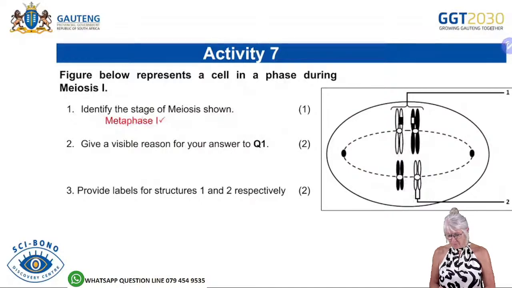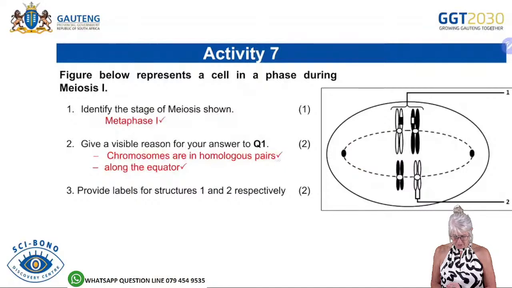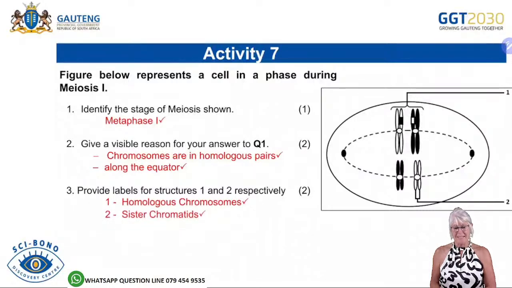Then they say give a visible reason, and that's what we just stated: the chromosomes are in homologous pairs along the equator. And then they ask us to provide labels for structures 1 and 2. So 1 is indicating both of these chromosomes, so that would be a homologous pair of chromosomes. And 2 is indicating a single chromosome, but they're pointing to the 2 chromatids. So 1 is homologous chromosomes, and 2 is sister chromatids.